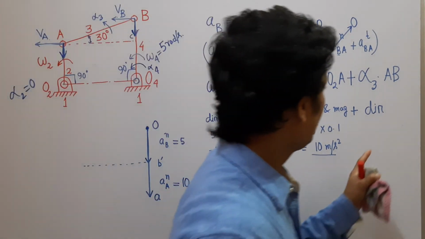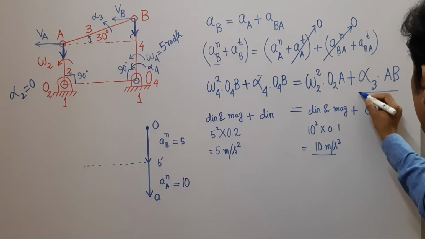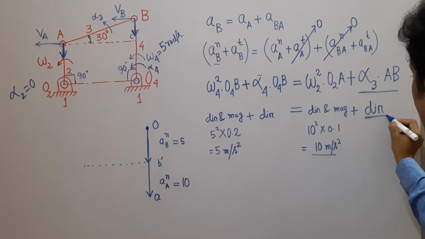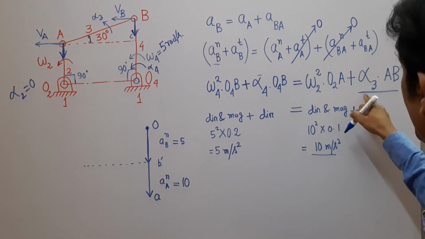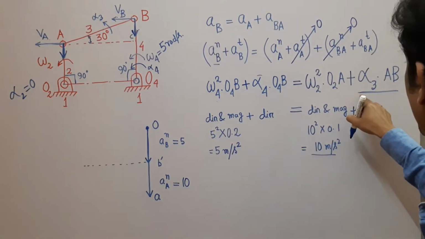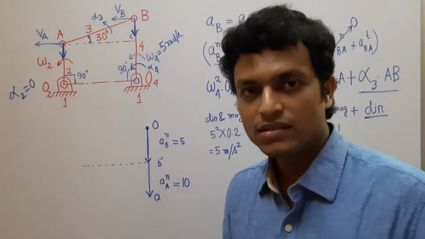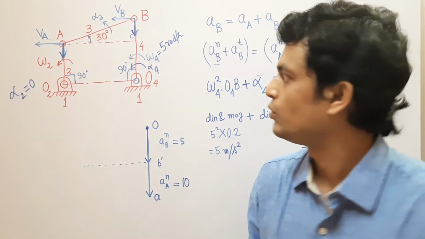Now the remaining term is what? Alpha 3 AB. Alpha 3 AB, we know the direction. What is the direction of alpha 3 AB? This is the tangential component of AB, which is perpendicular to AB.